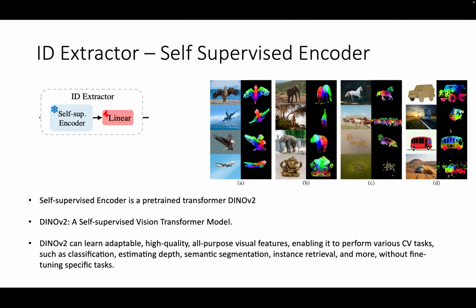CLIP is better where we have both visual and textual data, but here we don't have any text; for CLIP, you need to provide some prompt. Yes, you can feed image features at a text level to CLIP, but with DINO V2, within the image itself, we can extract very high quality image features without any labels.